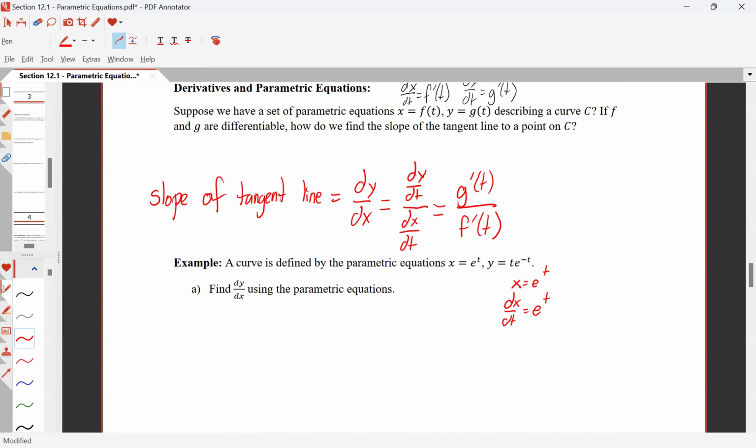The derivative of e^t is e^t. If y equals t e^(-t), then dy/dt by the product rule is going to equal e^(-t) minus t e^(-t). Or this is e^(-t) times (1 minus t).